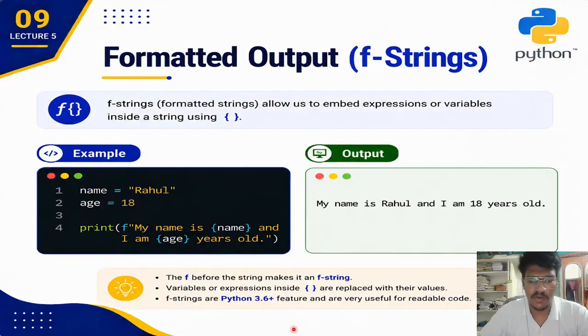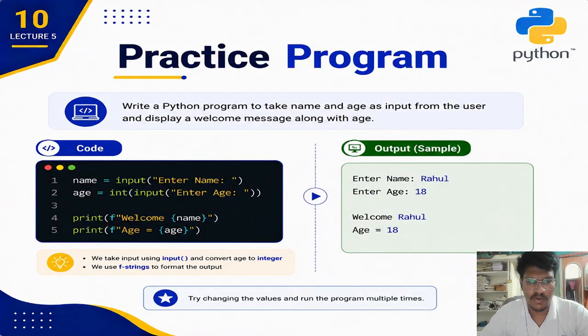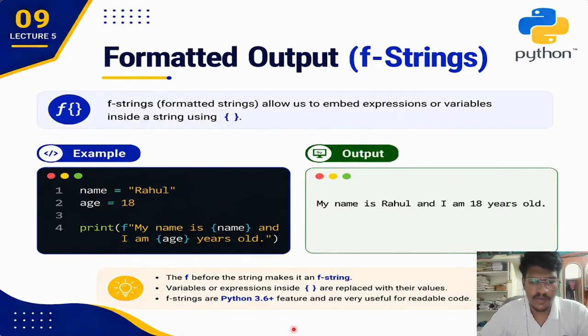Then we studied f-strings. Always use f before the string and curly brackets for variables. They are the most readable and efficient way to format output in modern Python. Then we studied user input. The input function reads a string.